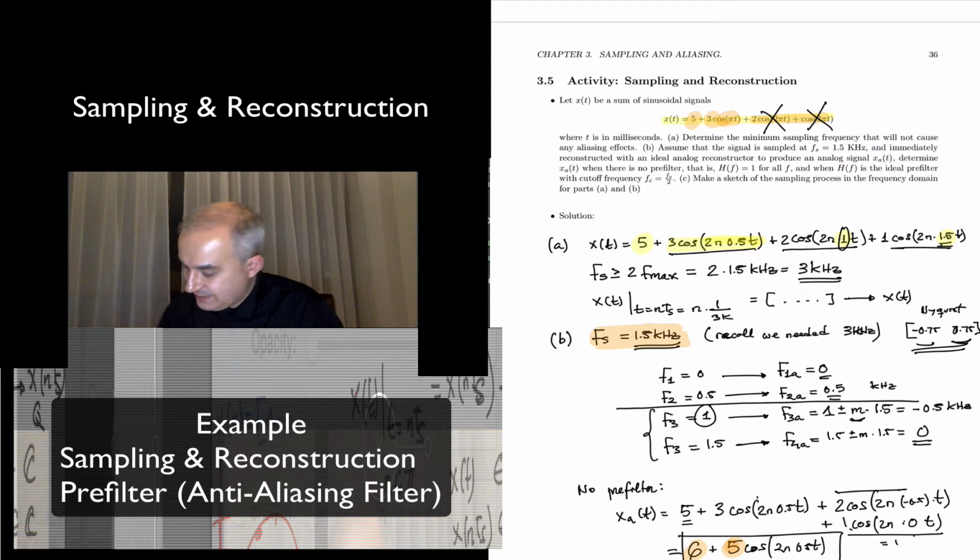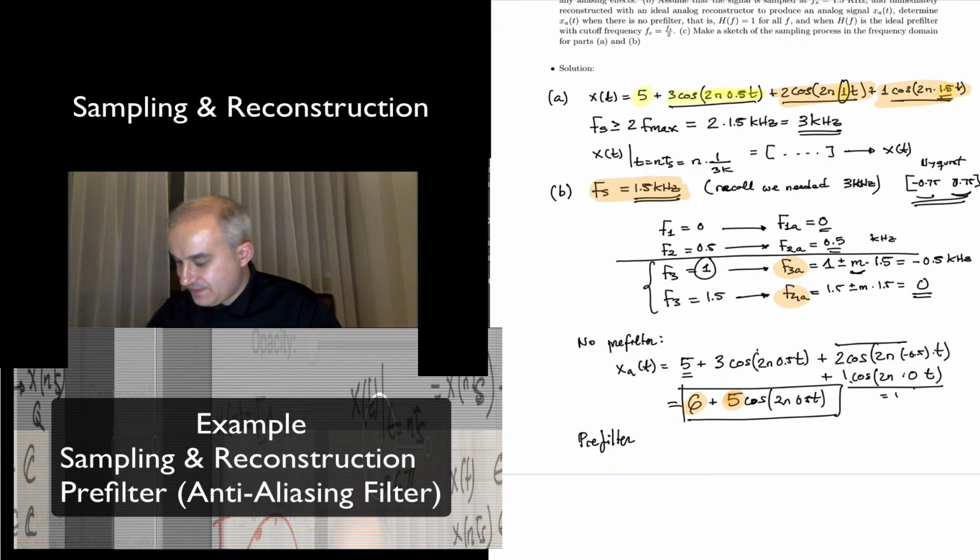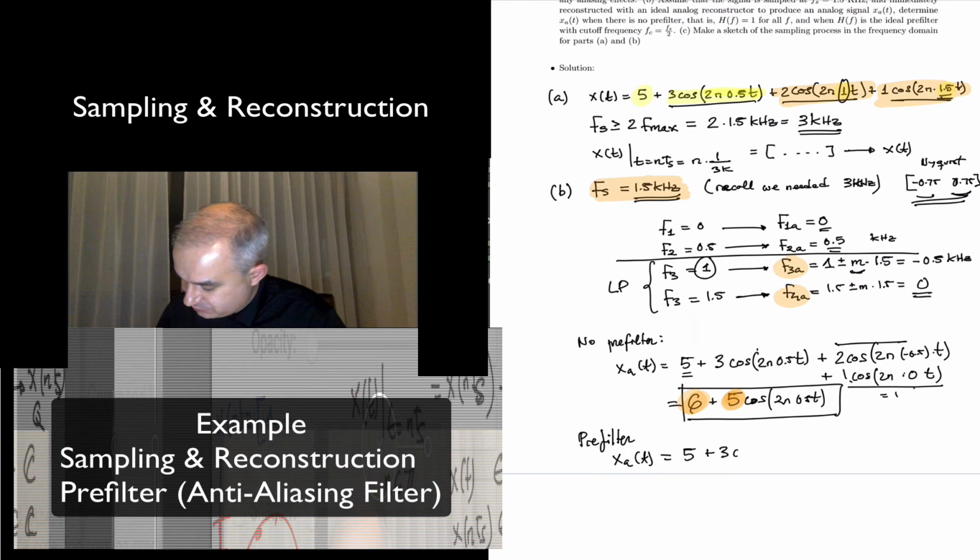So you eliminate this alias and this alias by cutting this component and this component. Because if you do not cut them, they distort even the components that you could have captured at a sampling frequency. And so what will you reconstruct then? Well, if you cut these components with a low-pass filter, with a pre-filter, with the anti-aliasing filter, you just reconstruct 5 plus 3 cosine of 2 pi 0.5 t.